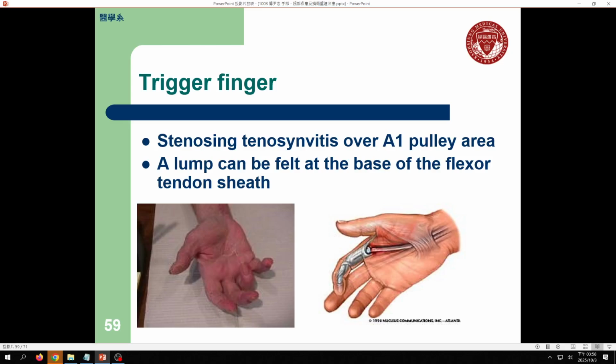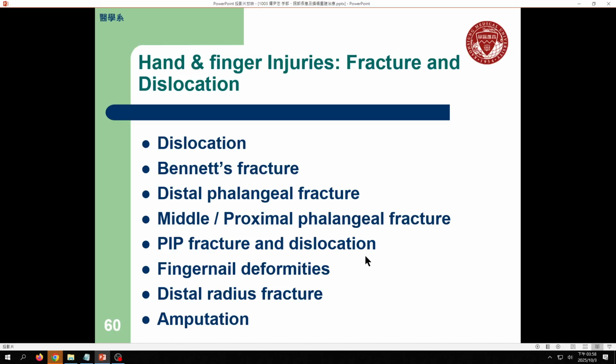So that's a trigger finger. If you want to cure it, you could do a steroid injection, but most of them recur within 5 months. So we just do the A1 pulley release. This is a tiny wound. So that's easy, and within one minute, I think that's all cured. So A1 pulley release, that's okay.